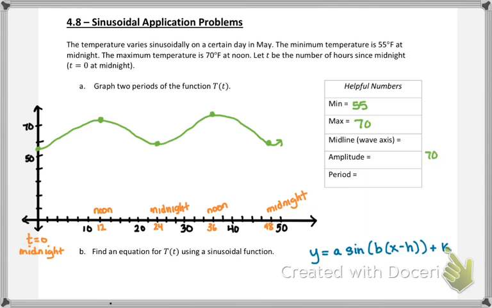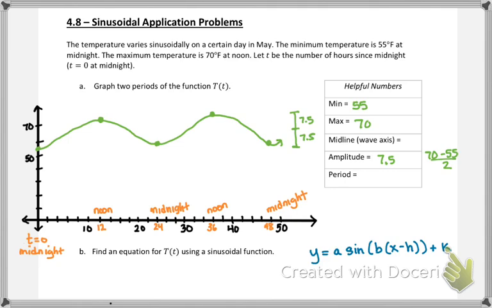So 70 minus 55 is 15, divided by 2 is 7.5. So I know that from the middle to the high point is 7.5, and from the middle to the low point is also 7.5. That's my amplitude.